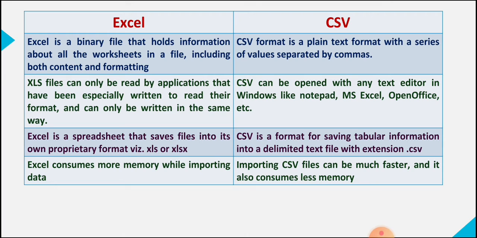That is, Excel files can be opened and worked with only in particular applications. All applications cannot open and work on Excel. But a CSV file can be opened with any text editor in Windows, like Notepad, MS Excel, OpenOffice, etc.